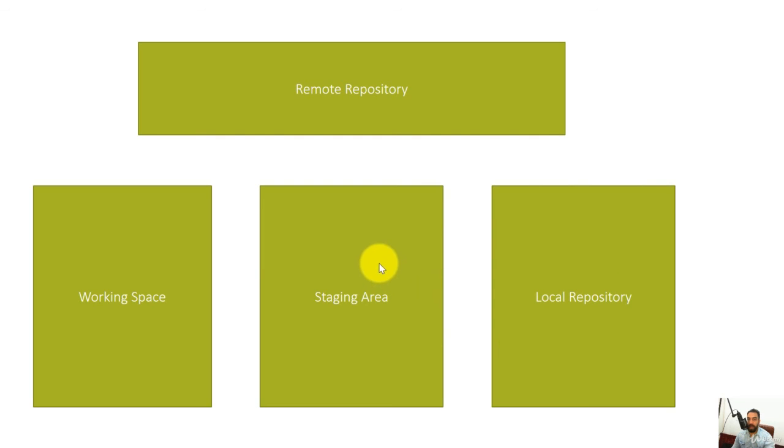For example, we commit our changes, so that's why we need the local repository, so that we have the snapshots of our project, and then we have the remote repository that is actually our central repository. In this case it is GitHub, and we use the push-pull operations in order to push our changes to our remote repository, or we use the pull operation to pull our changes back from the remote repository.